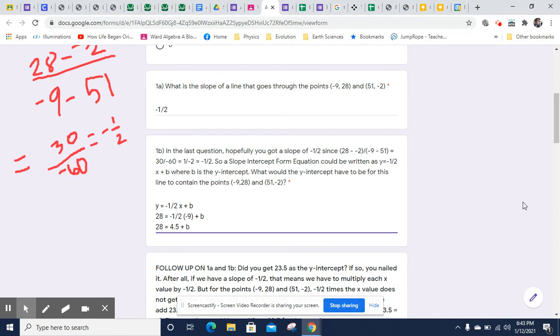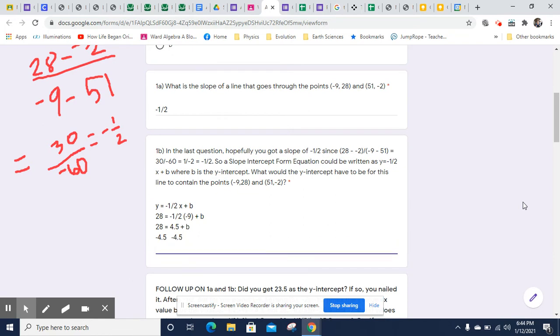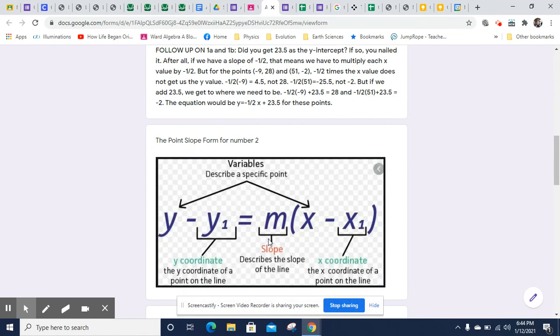Now we can figure out what b is by subtracting 4.5 from both sides. So we say minus 4.5, and then minus 4.5, and then we end up with 23.5. So 28 minus 4.5 is 23.5.